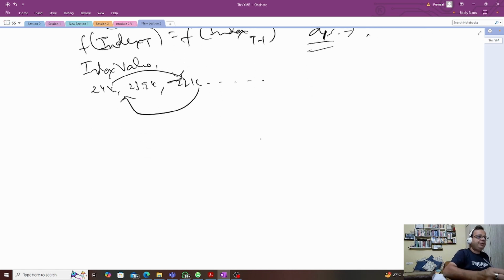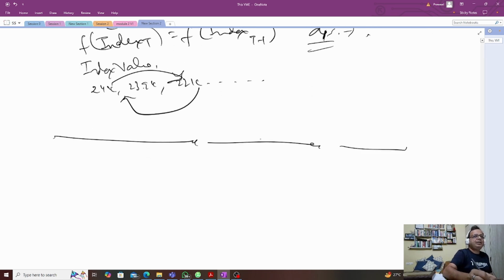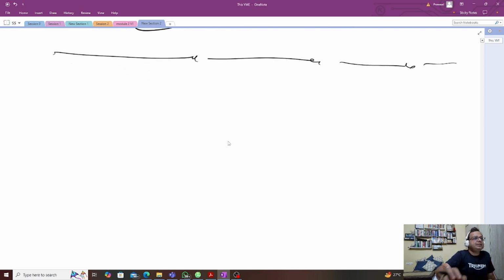So there is one very important reading that I'm going to tell now, which is something that has been consistently tested in the exams as well, about categorical data.